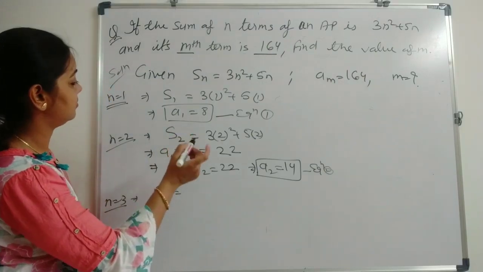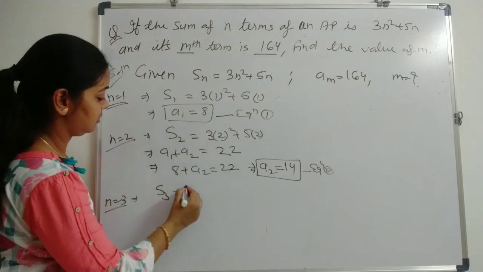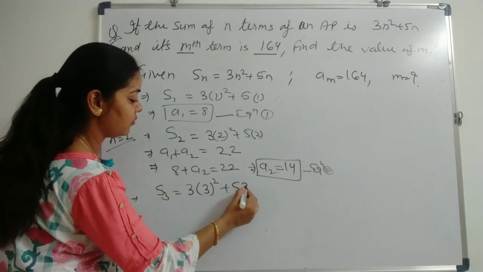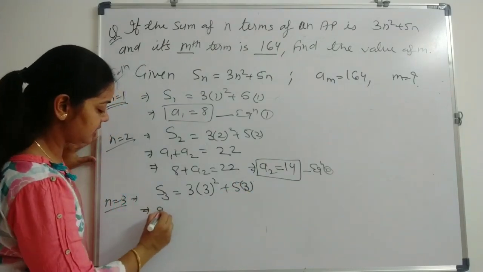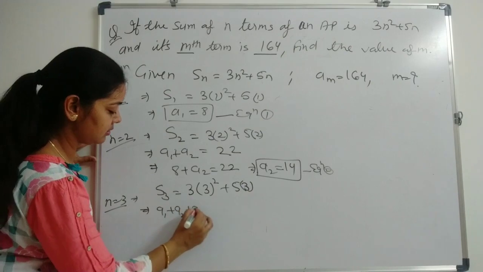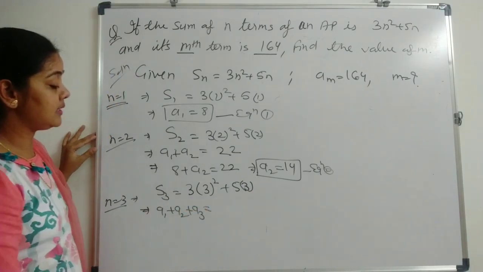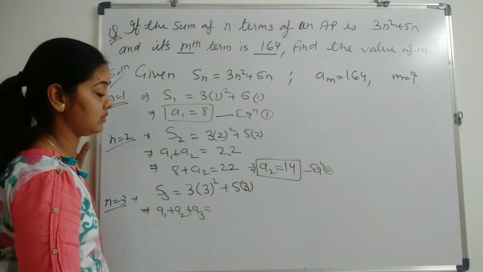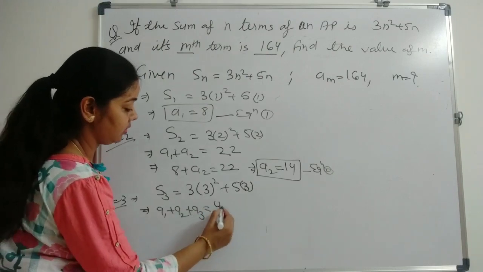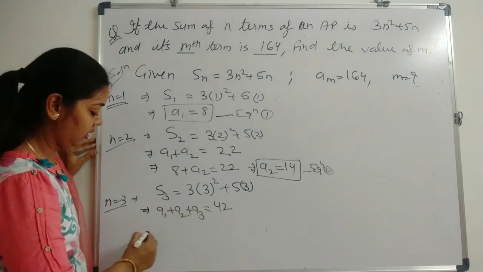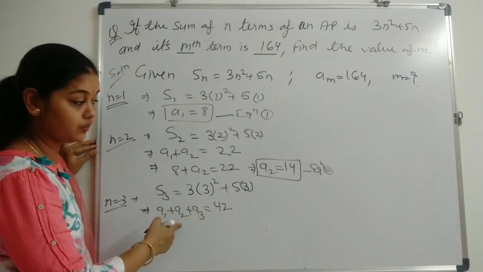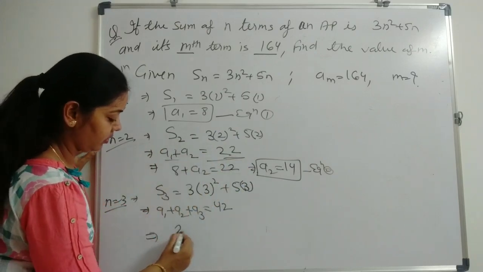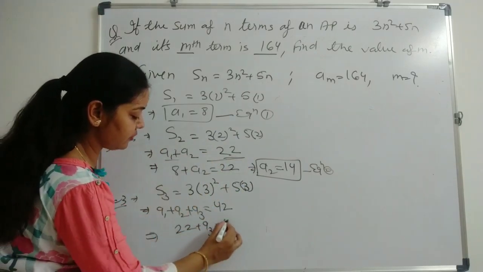S3 means that is 3 into 3 square plus 5 into 3, that is A1 plus A2 plus A3, that is 27 plus 15, that is 42. Okay, put the values of A1 and A2. A1 plus A2 is 22. 22 plus A3 equals 42.